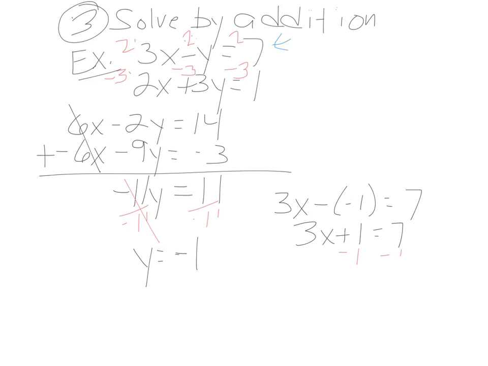Subtract 1. 3x equals 6. And divide. X equals 2. So my solution is 2, negative 1. You can always check your answers by plugging the first number in for x in both equations, the second number in for y in both equations, and make sure both equations come out to be true.